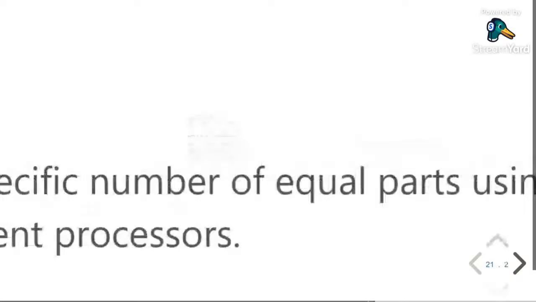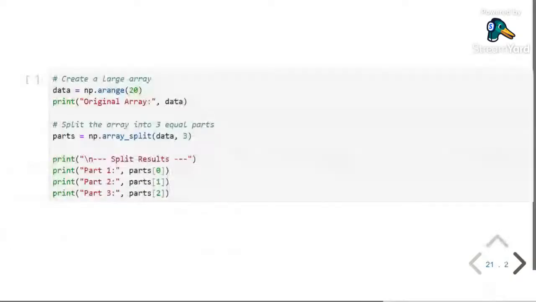So let's run this code. We can see there is nothing different from the last one we ran. We just introduced a function np.array_split, and then this data np.arange, just like I said, this arange is used to create the range of the numbers you are creating.